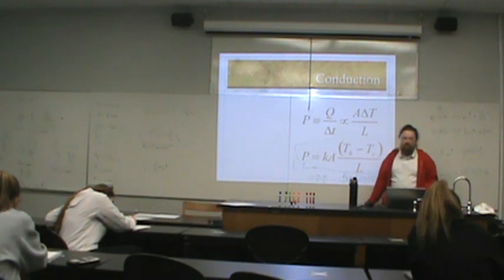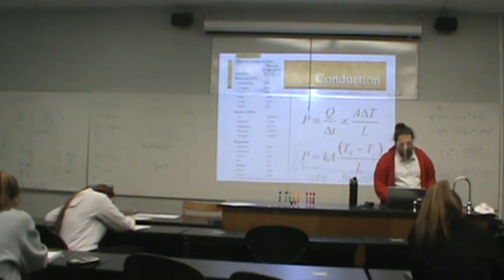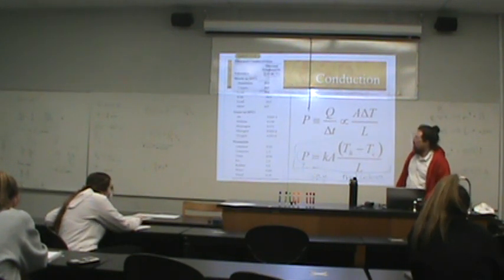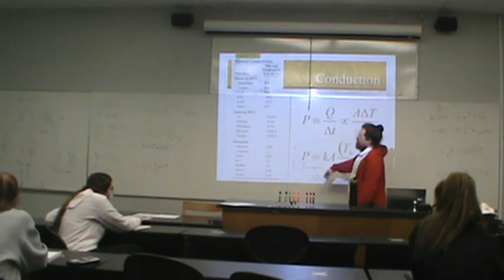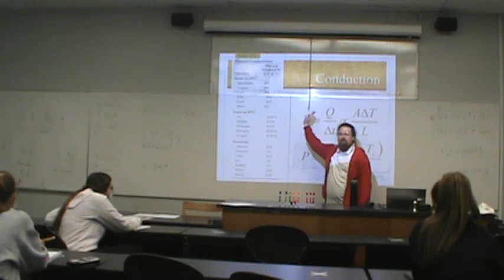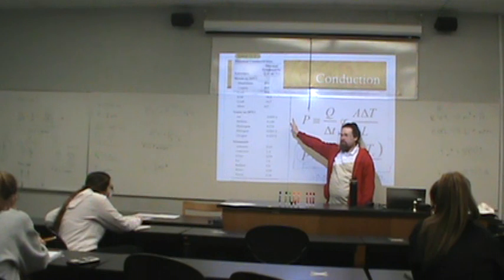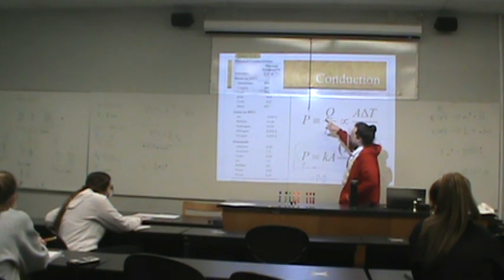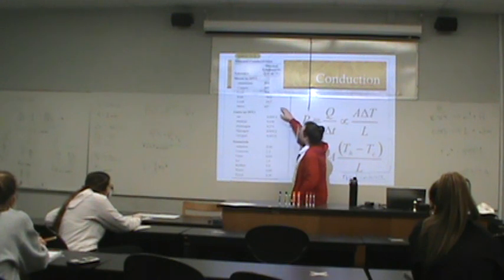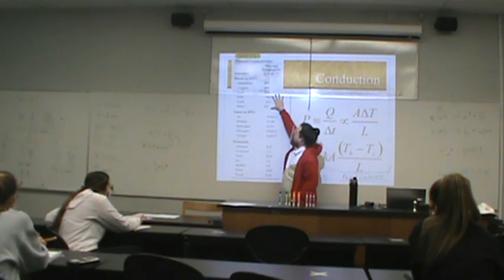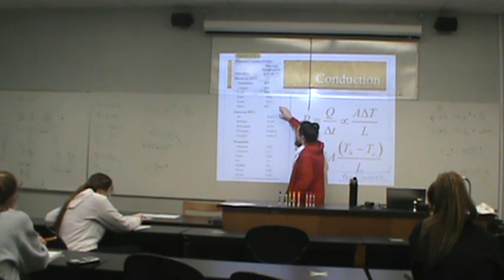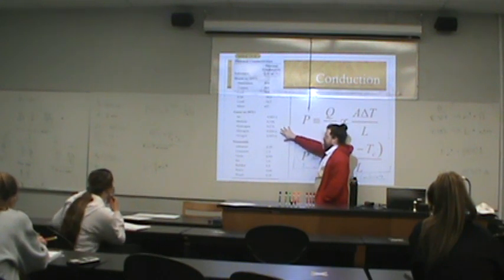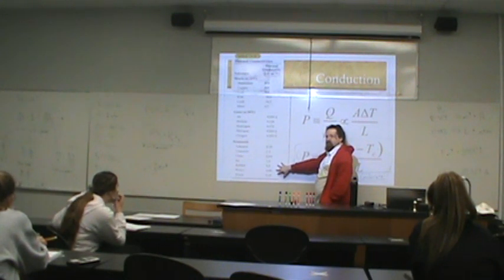And like with every new thing, when we're talking about heat and thermo, we have different thermal conductivities for every single one. We have tables. You don't have to memorize any of them. And different materials have different conductivities. Notice, for example, metals have a lot higher thermal conductivity than, say, gases and non-metals.